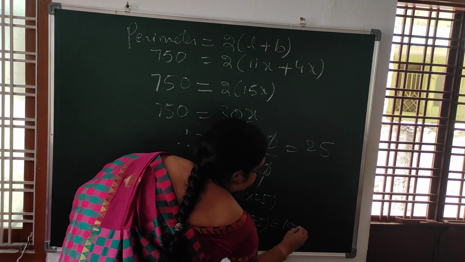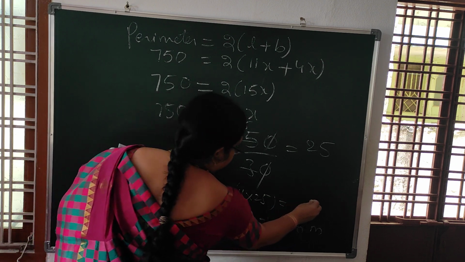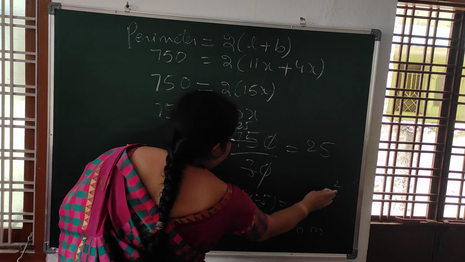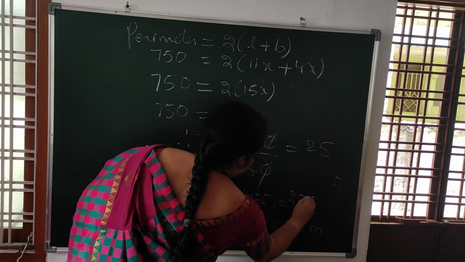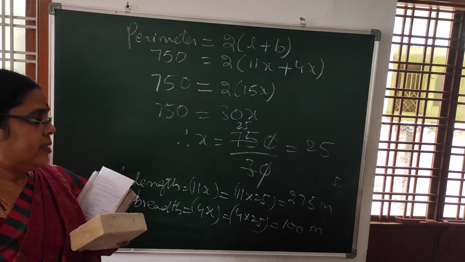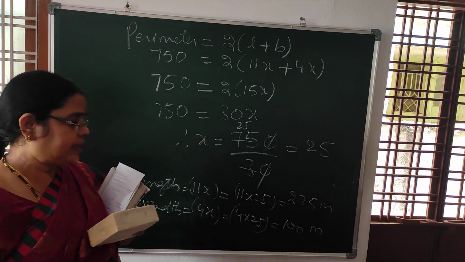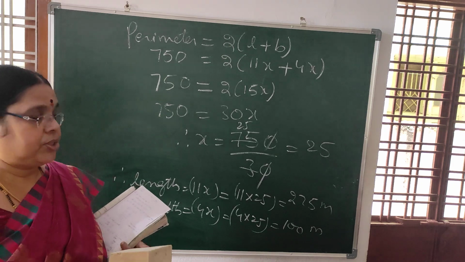So breadth is equal to 100 meters, and length is equal to 11 5s are 55, so 275. Therefore, the length of the rectangle is 275 meters and the breadth of the rectangle is 100 meters.